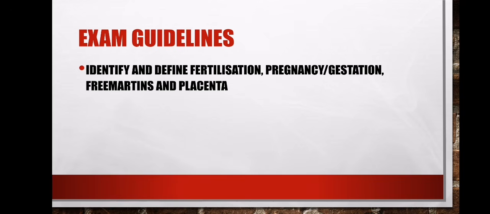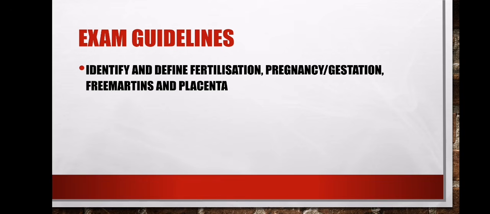We also have to be able to define fertilization. What is fertilization? Then we have to define gestation, which is pregnancy. A word that we must familiarize ourselves with is gestation. We also have to talk about FREEMARTIN.